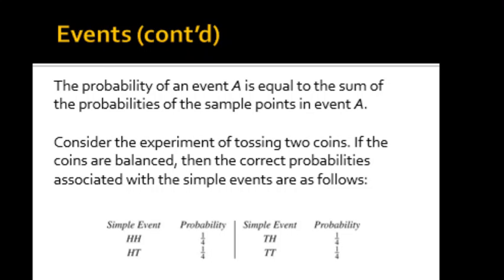Consider the experiment here of tossing two coins. This has four possible outcomes: HH, HT, TH, and TT. Now, since we are assuming fair coins, each of these outcomes is equally likely. So we have a probability of 1/4 for each of these simple events. You can see the sum is 1. Four possible outcomes, equally likely, the sum is equal to 1.